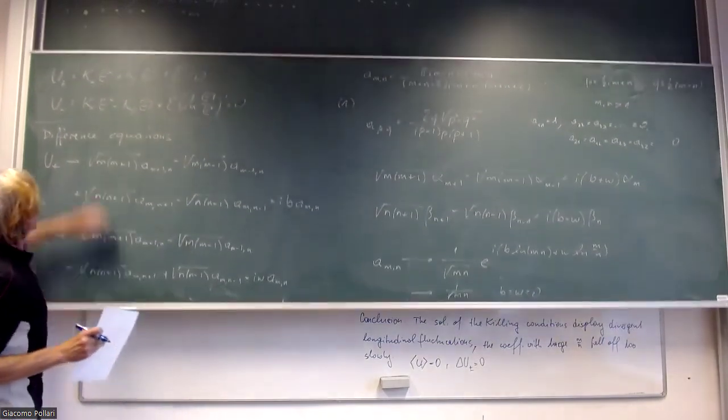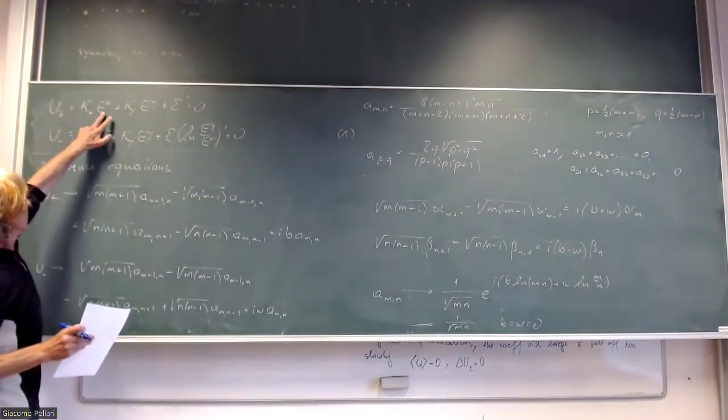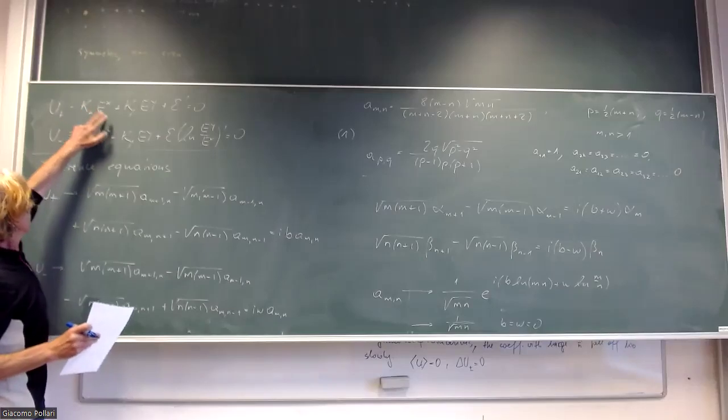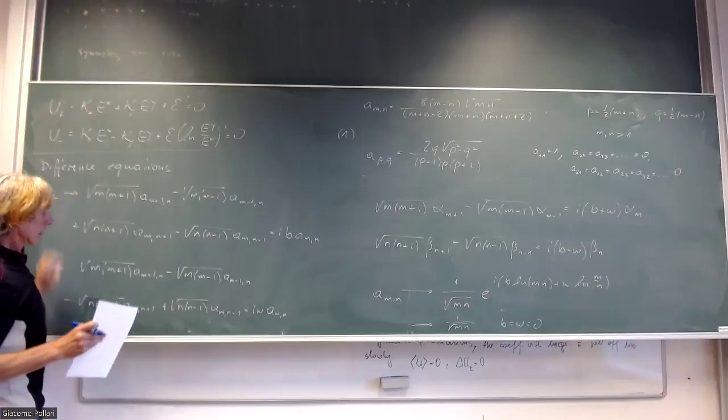Formulate this in a symmetric way with E^x divided into two halves. Here's the square root and here's the square root.